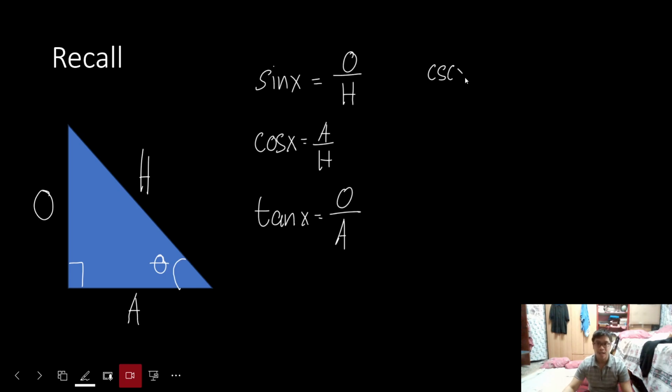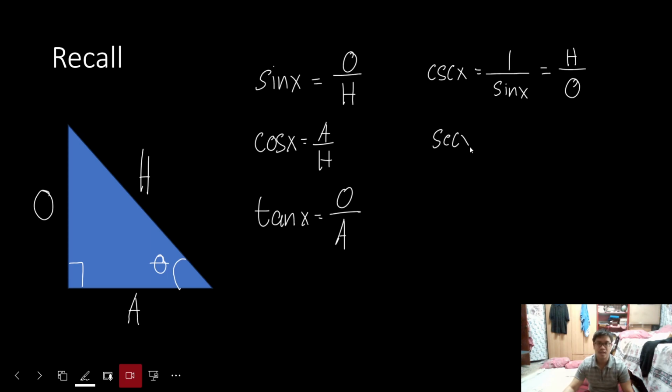We have cosecant x, which is the reciprocal of sine x, which is 1 all over sine x, or we can simply write this as hypotenuse all over opposite. So cosecant x is the reciprocal of sine x. In other words, it's hypotenuse all over the opposite.